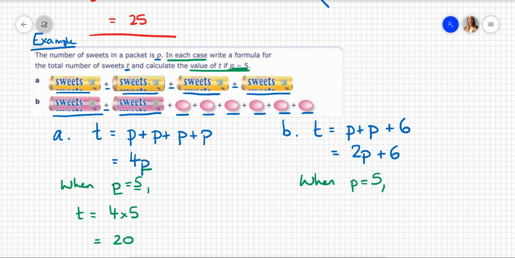So when P equals 5, T equals 2 times P, so 2 times 5, plus 6, which is 16. Please make sure you've got that copied down, so the whole example, and then if you needed to correct your answers, please correct them in green.